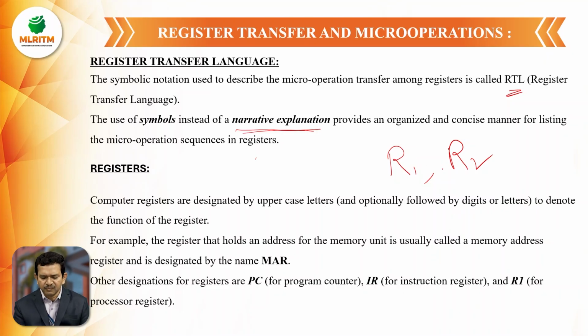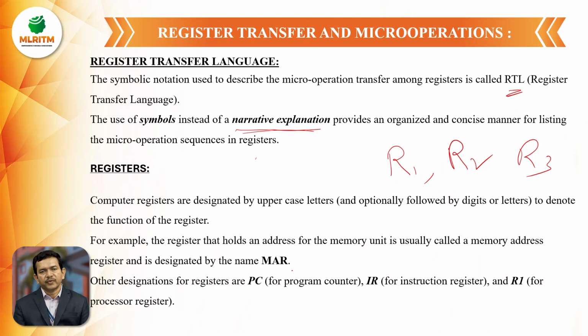Here I am writing 1, 2 and 3. If I say R1, it represents the first register; R2, the second register; R3, register number 3. In that way, we represent the registers in a particular format.